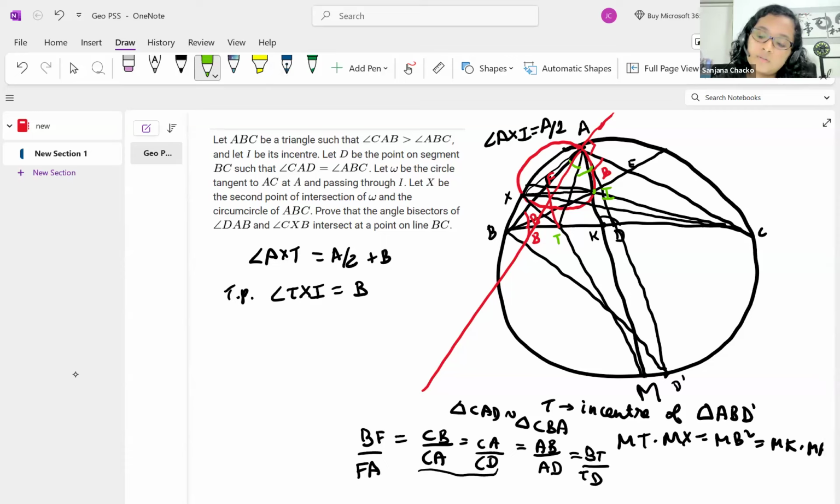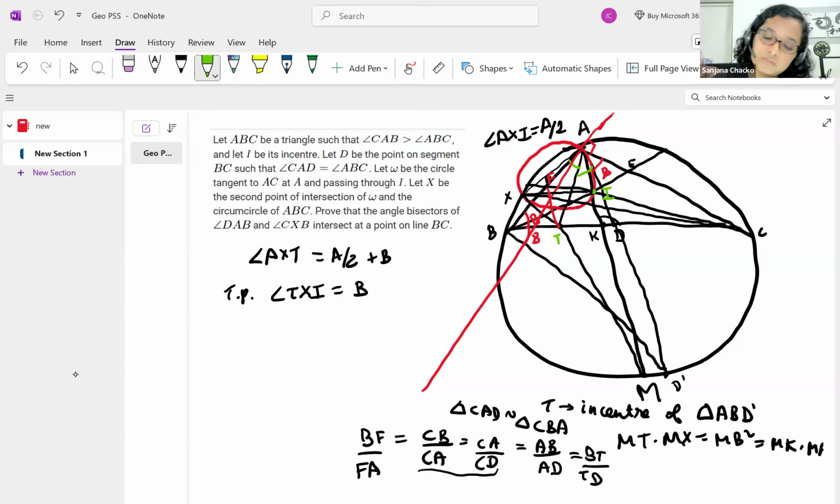Okay, angle BFT is equal to C. Why is it equal to C? I'm not sure, I might have made a mistake. We have BFT equals BAD equals BAD prime equals BCD prime instead. Yeah, I might have made a mistake. That's a fine difference.